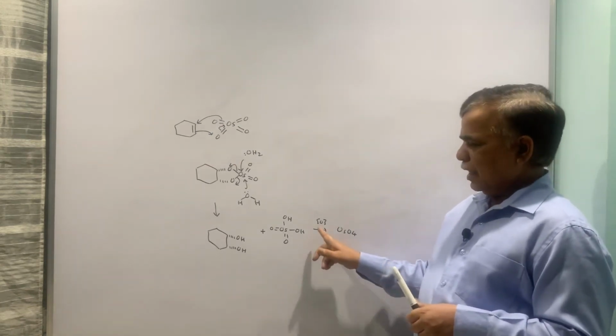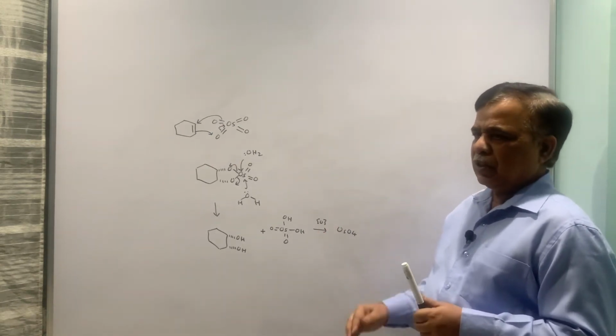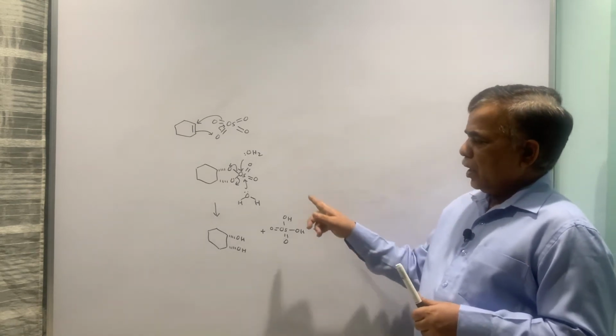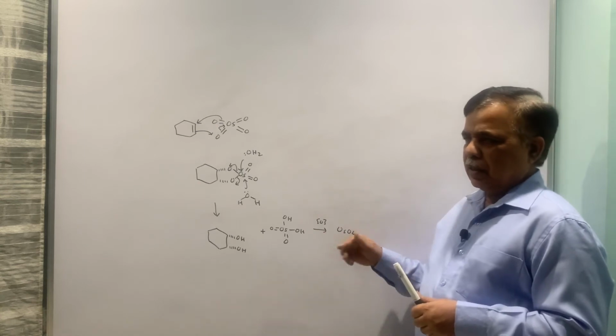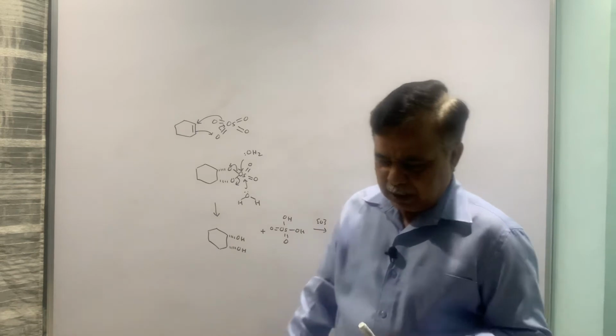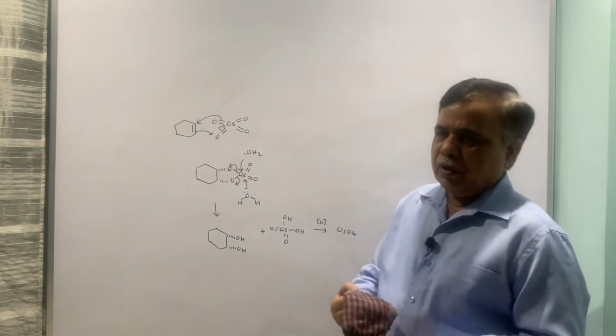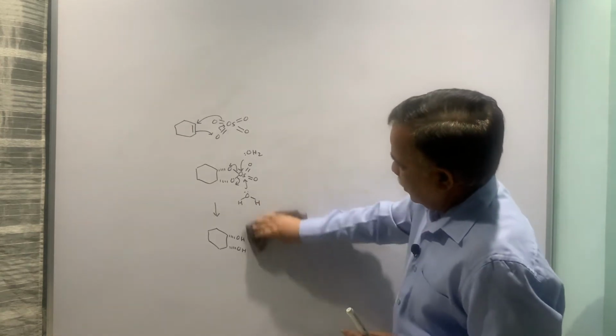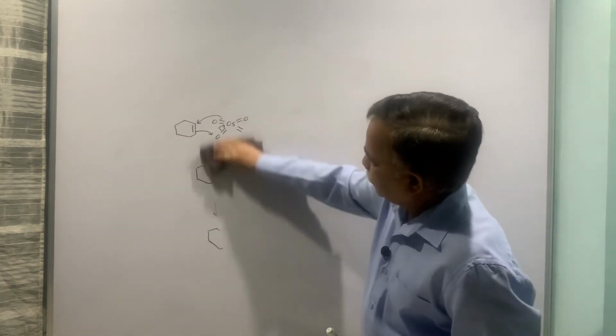So this secondary oxidizing reagent is very important because that is going to be cheaper than the osmium tetroxide itself, and that's why a catalytic amount of osmium tetroxide can be used, and the use is restricted to some synthetically useful or precious materials, you can say.